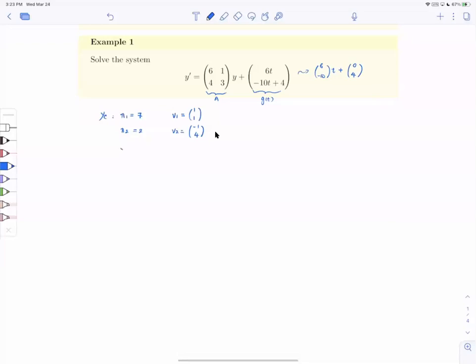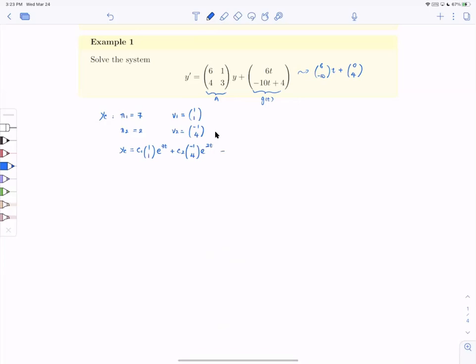You have yc equals c1 (1, 1) e to the 7t plus c2 (-1, 4) e to the 2t.